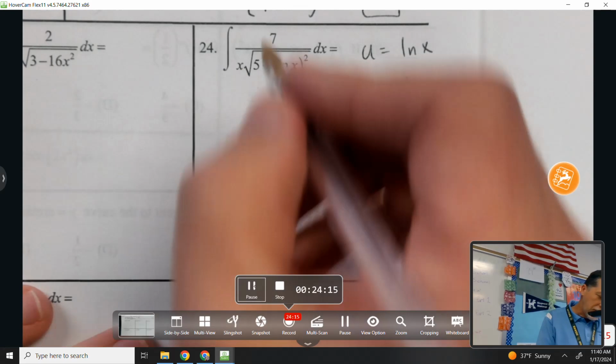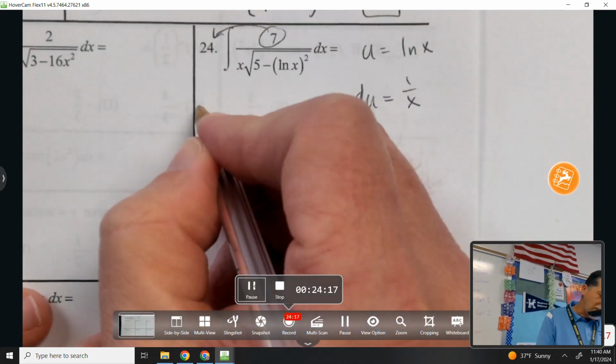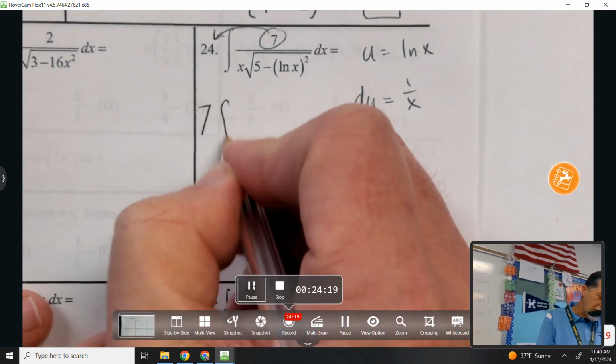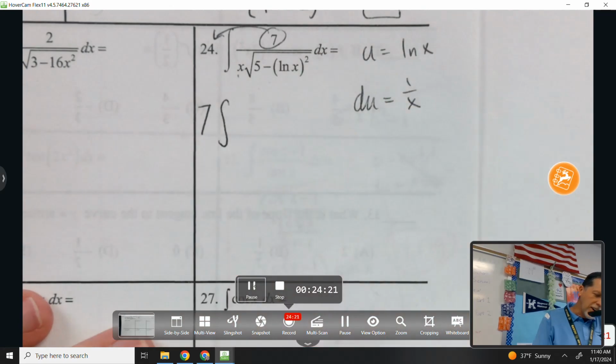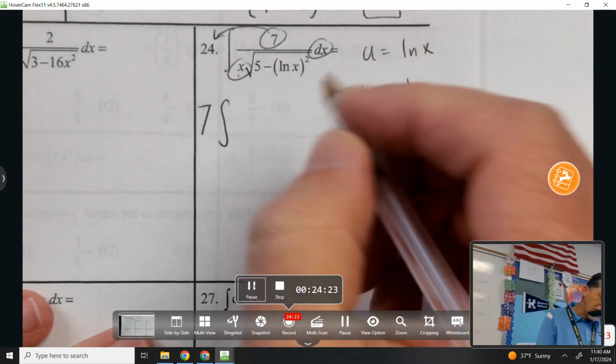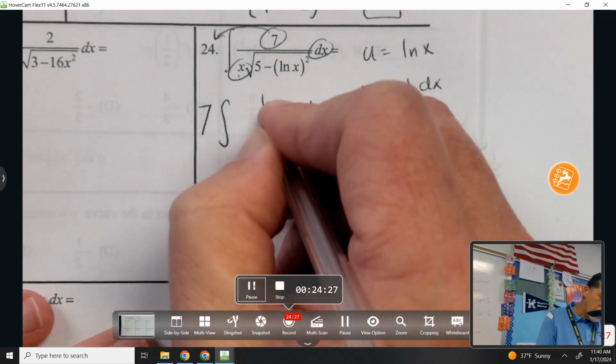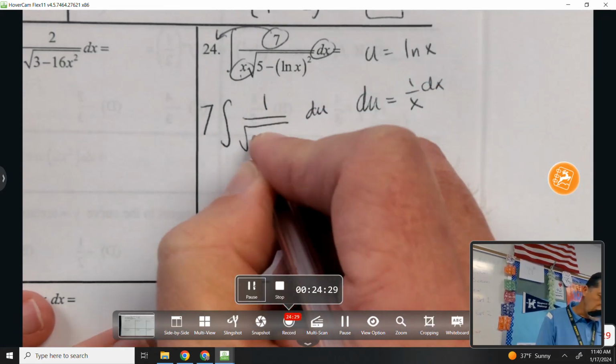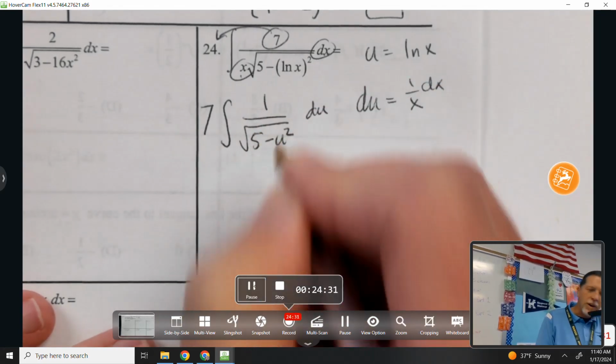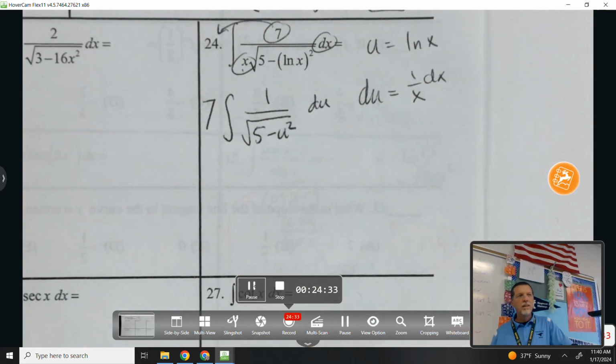I don't like the 7, so just throw him out front. Dx over x, that combination of things, is du. And then I've got 1 over the square root of 5 minus u squared. Okay, so that final thing is, can I integrate that?